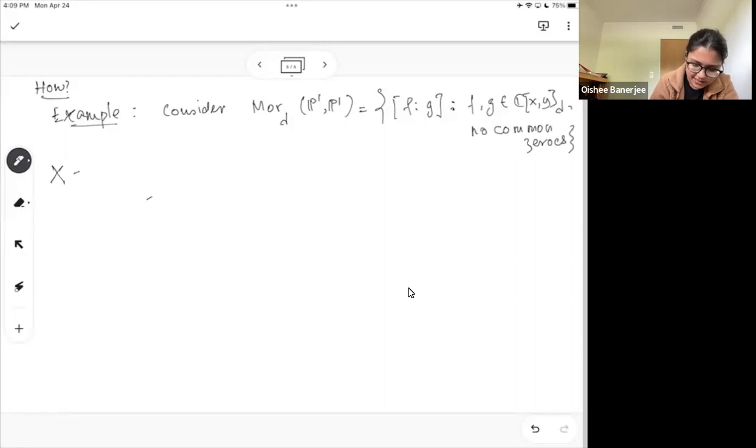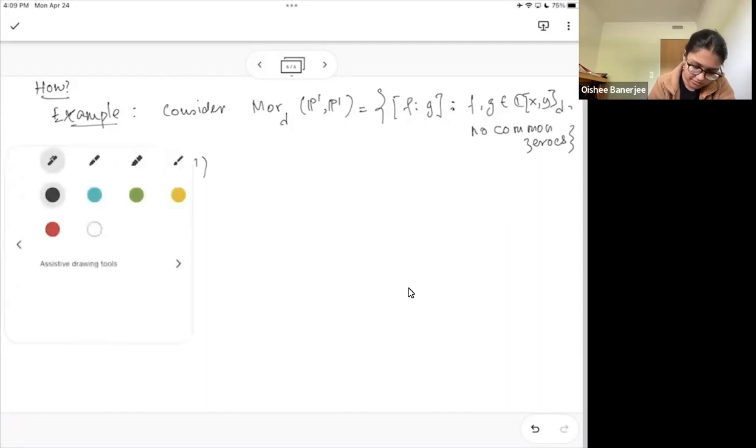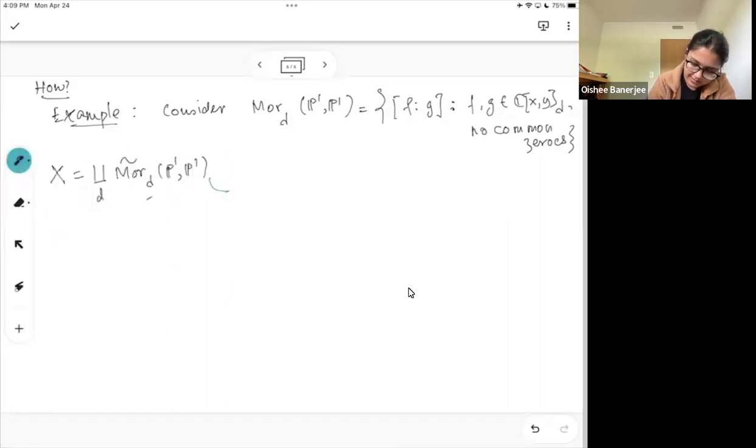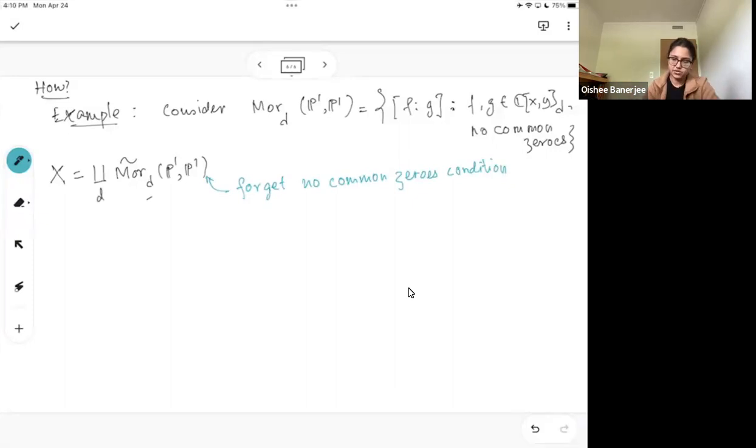Okay, and now let's take X to be the disjoint union of something that I'm going to call Mor twiddle. And I'm going to define it as: you forget the no common zeros condition. So that's pairs of all polynomials of degree d homogeneous in two variables up to scalars.